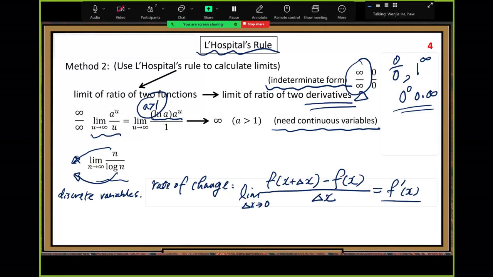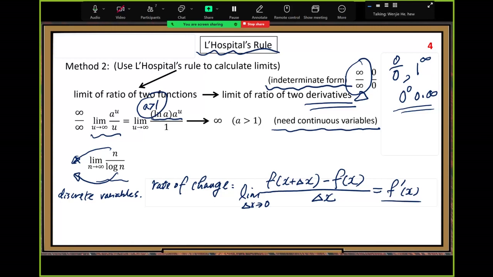Then the derivative does not exist for discrete variables, because if you add a delta x, for a discrete variable it's nothing. You add a delta x, it's not another discrete variable, right? So this definition does not apply to discrete variables. You cannot apply this derivative concept on functions with discrete variables.